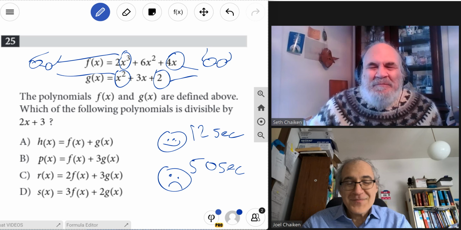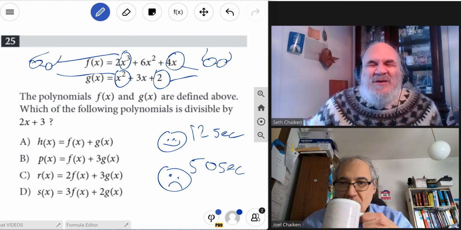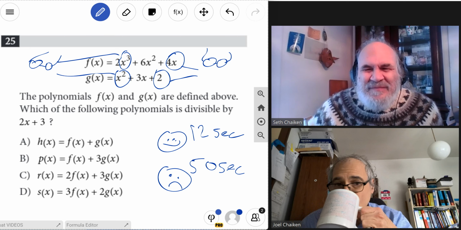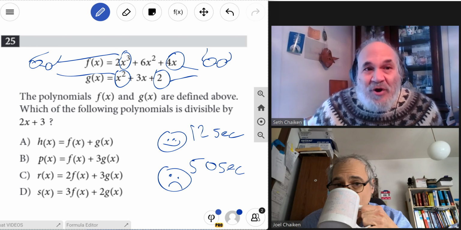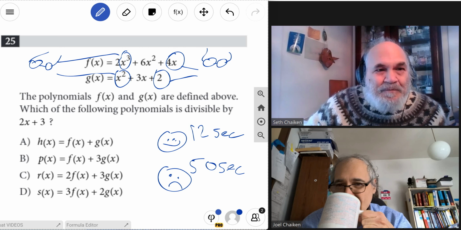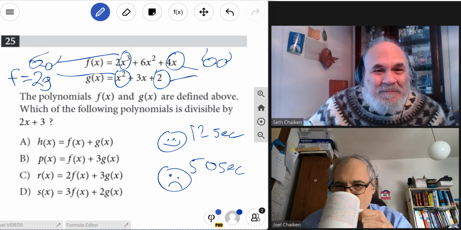I have the floor. Okay. The pattern that I saw was that f is equal to 2 times g.